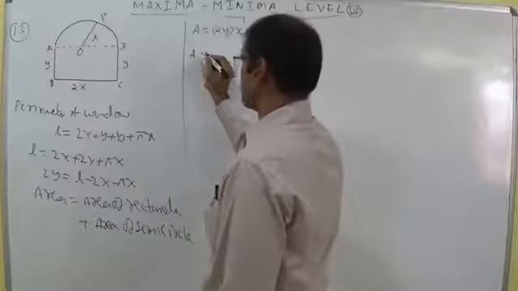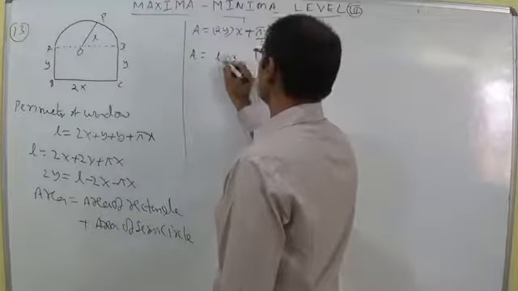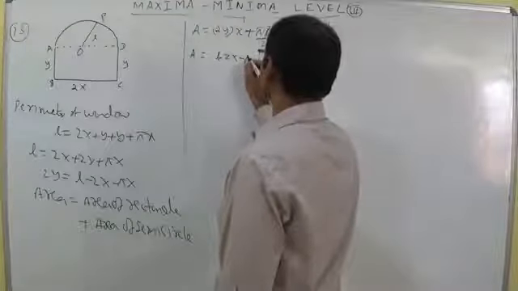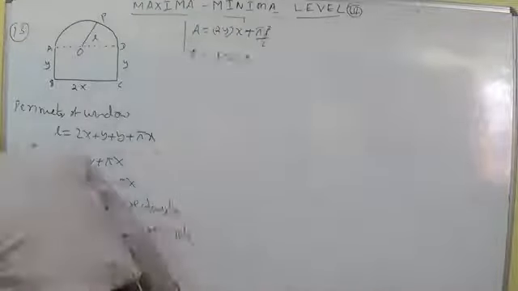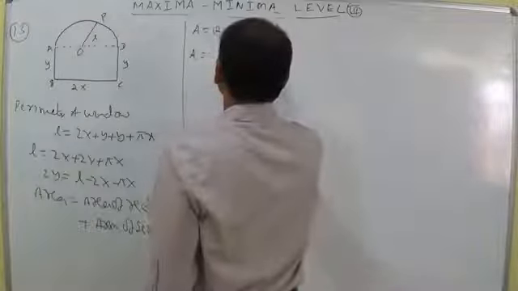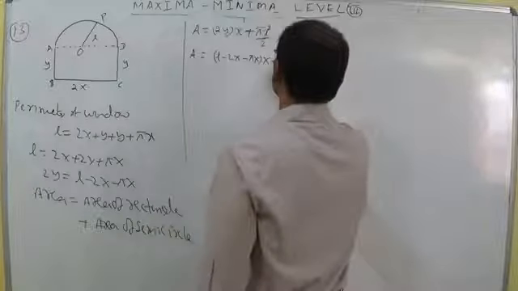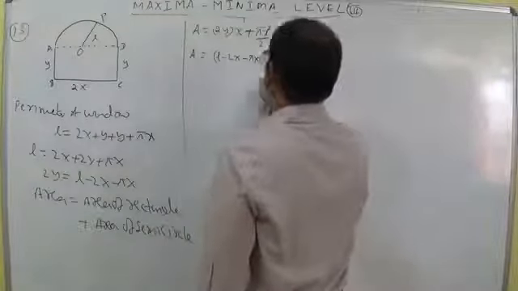So A is equal to what is 2y, students? 2y we had written here as L minus 2x minus pi x, into x, plus pi x square by 2.